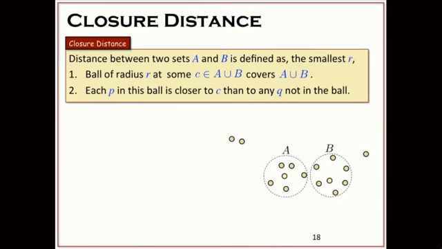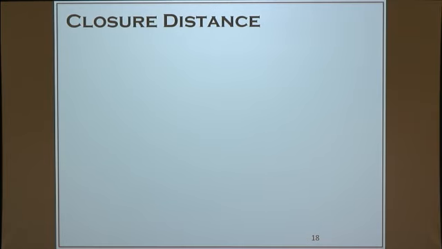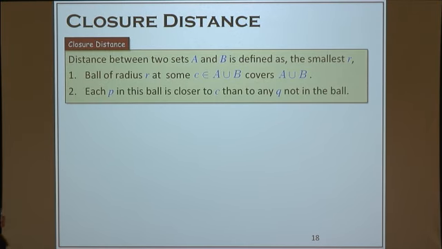Based on these two properties, there is a notion called closure distance, which says that for any two sets, the closure linkage distance between them is defined as follows. I will choose one center, and I will draw a ball of radius r around it. Two properties should hold.